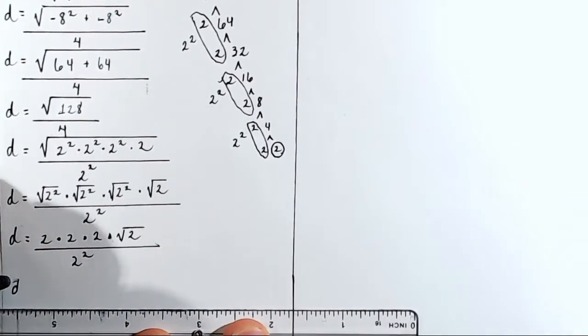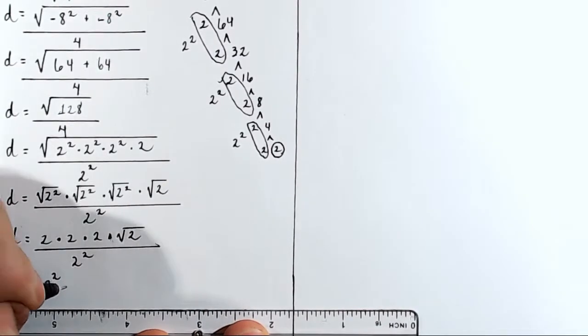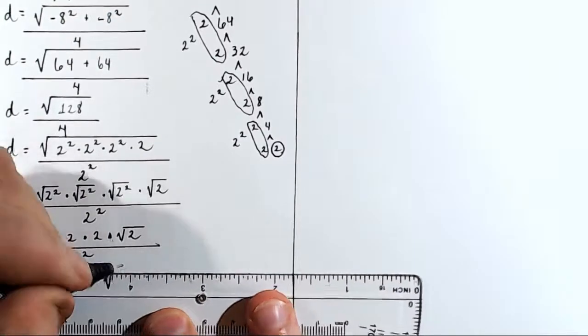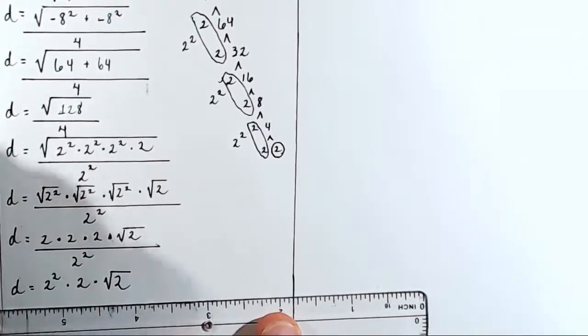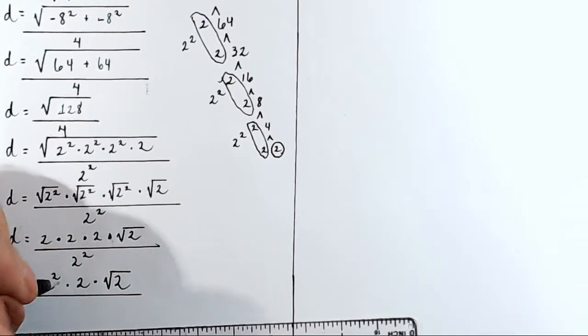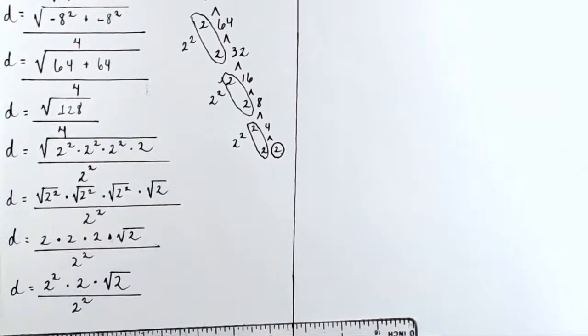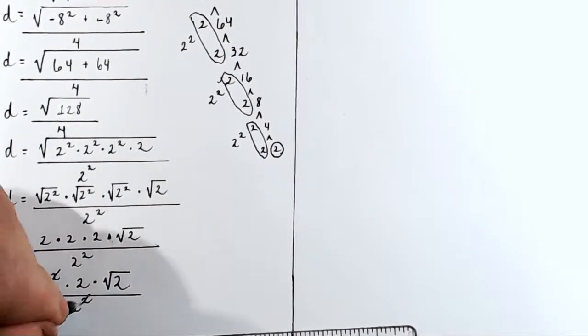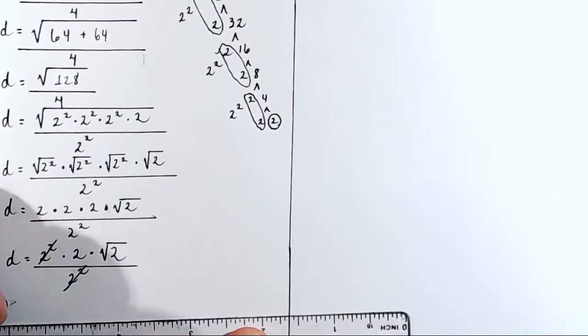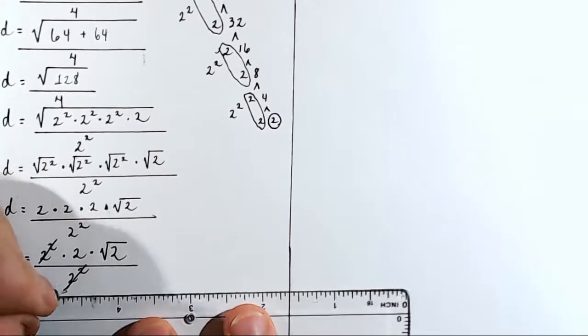So d is equal to 2 squared times 2 times the square root of 2, all over 2 squared. And now I can cancel out these 2 squareds. So now d is suddenly equal to 2 times the square root of 2.